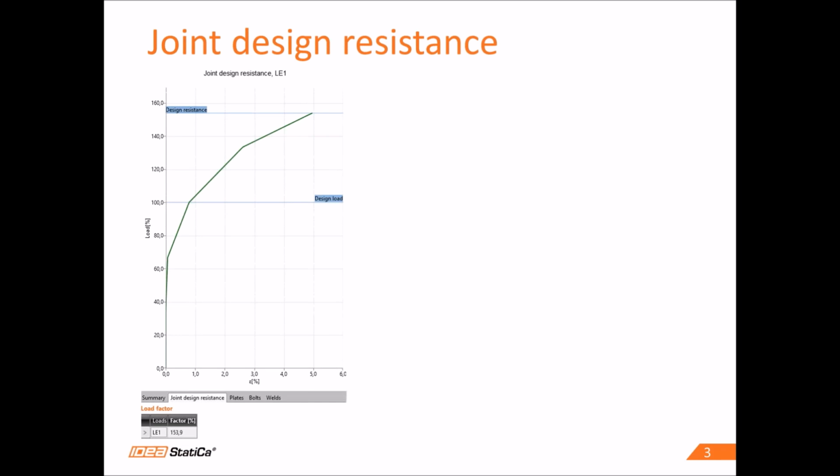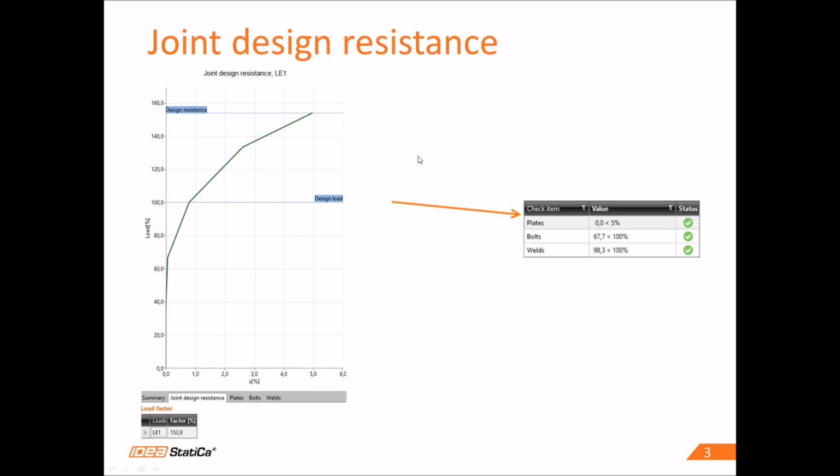Structural engineers usually design their joint connection for a design load, to transfer a known design load, and you receive some results: utilization ratio for each of the components. But it is also useful to know how far your design is from the limit state. So in other words, how big the reserve in the design is and how safe it is. So how does it work?